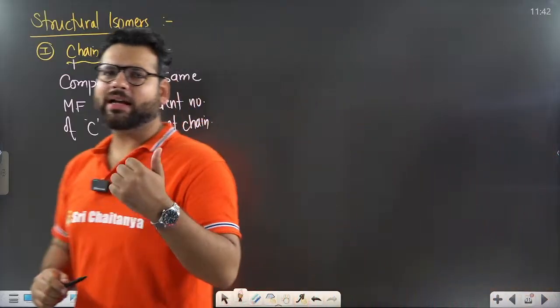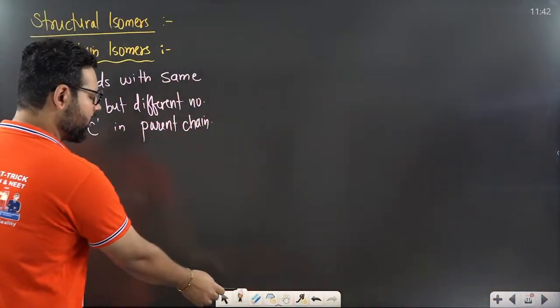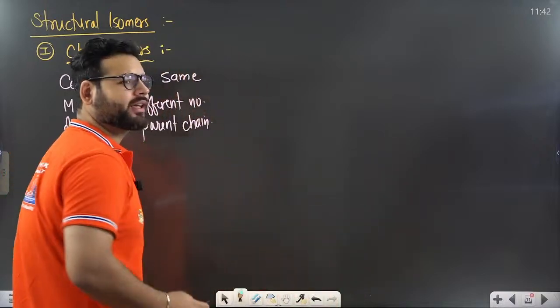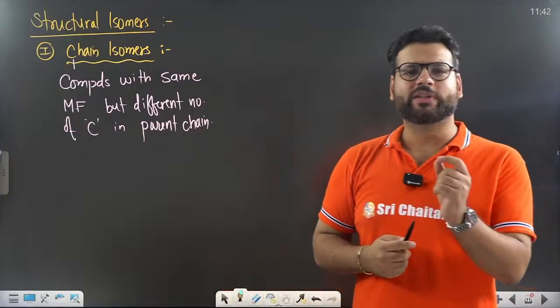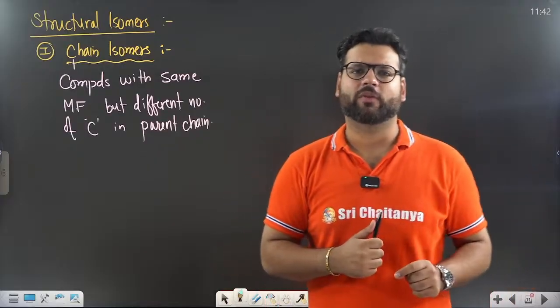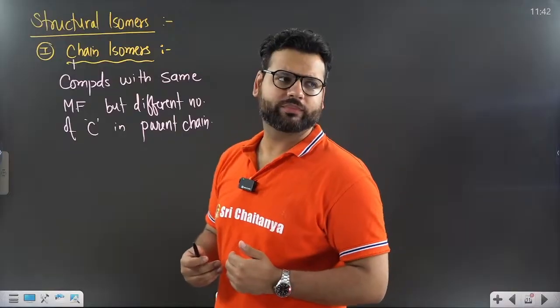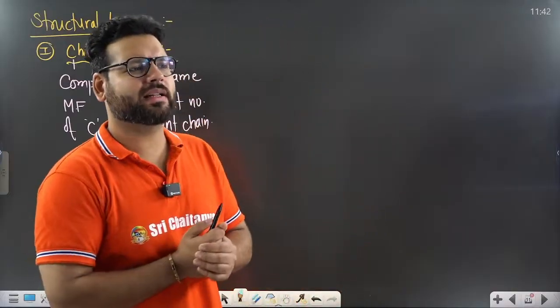Okay. Now I ask you a question. Can you tell me the smallest alkane which can show chain isomerism? Think and tell quickly. I need the answer in the chat box.